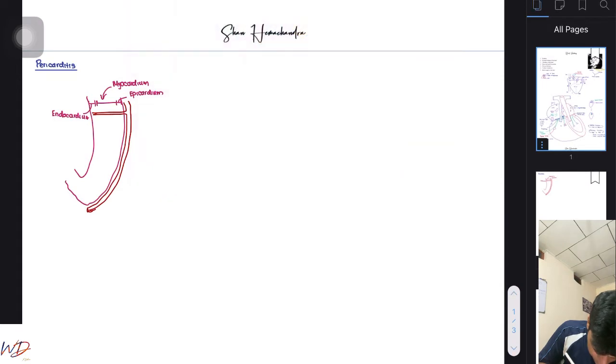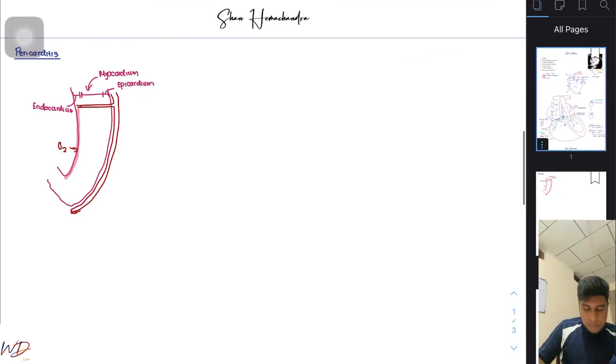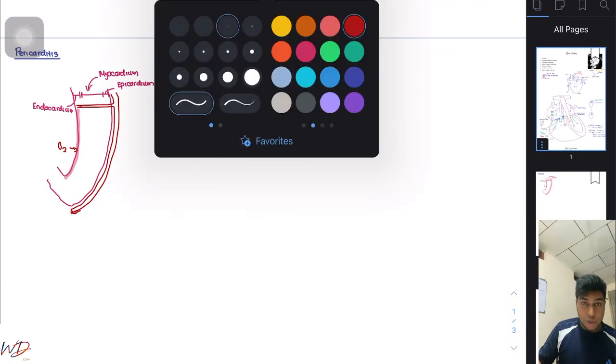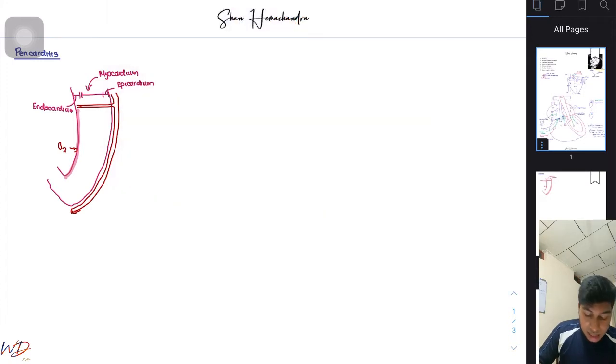Then they send branches in. Because, remember this, only this region is able to get oxygen directly from the blood in the ventricles, in the left ventricle only.